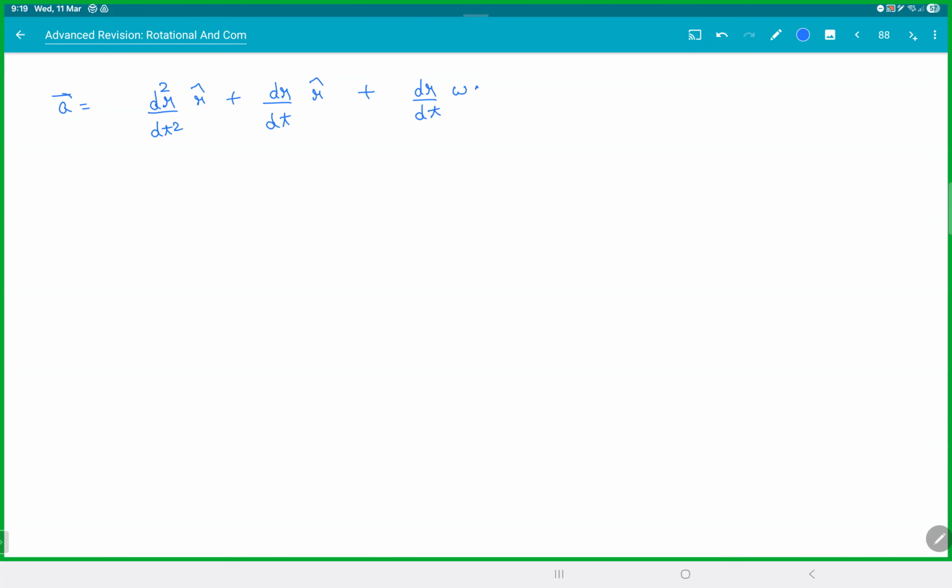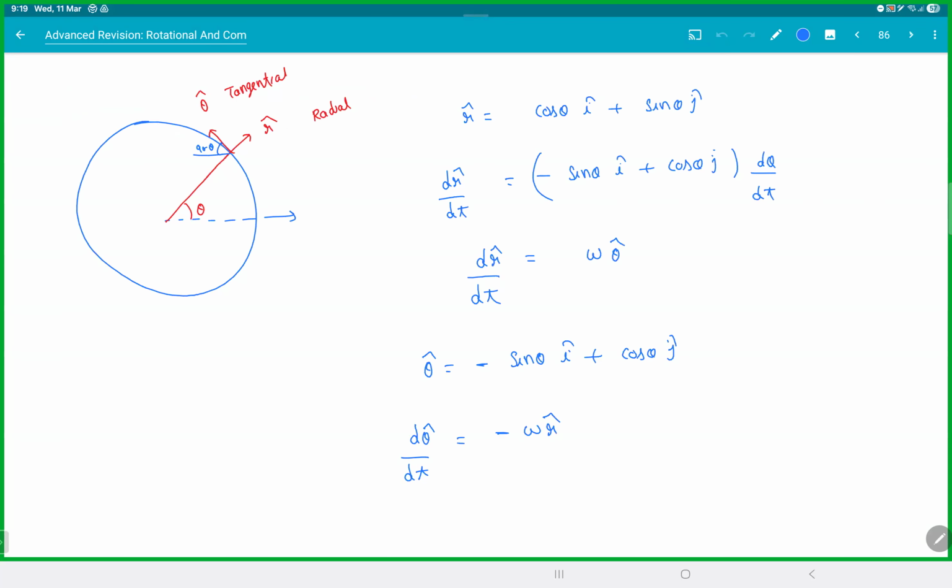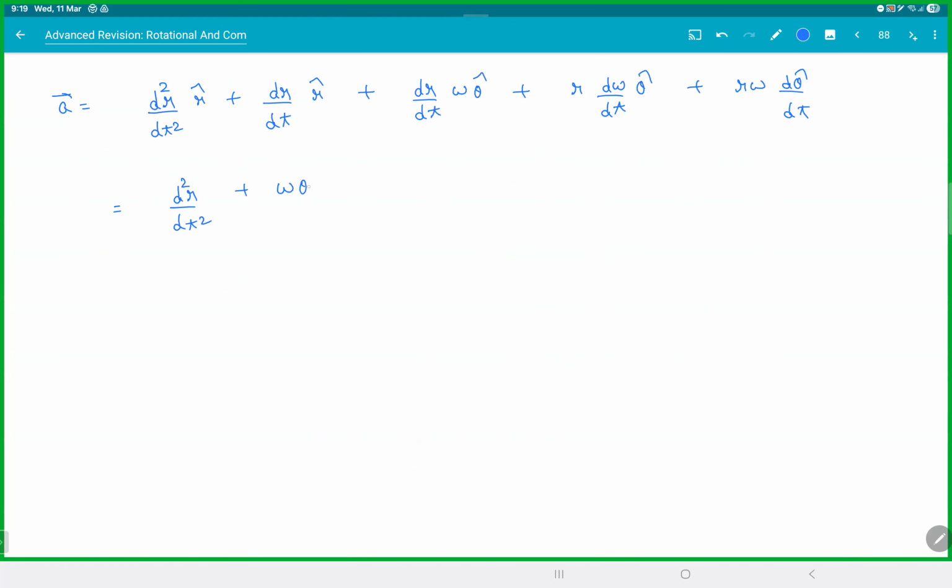Dr by dt omega theta cap plus r into d omega by dt theta cap plus r into omega d theta cap by dt. And then d square r by dt square. And what is dr by dt? Dr by dt just now we saw, which is omega theta cap. No, dr by dt. I wrote something wrong here. Dr cap by dt into dr by dt.